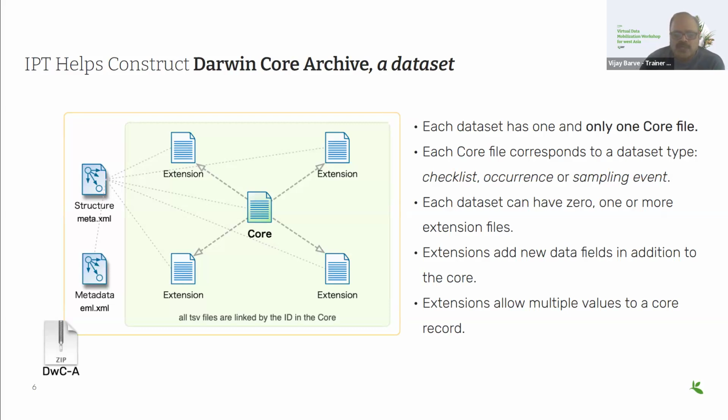So as of now, how Darwin Core archive works is every dataset, as we have discussed earlier, has one core file, and then there are either zero or multiple extensions to that core file. So in that sense, it's some kind of star topology.